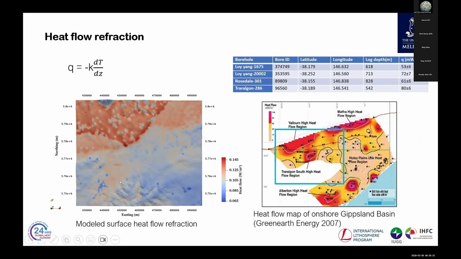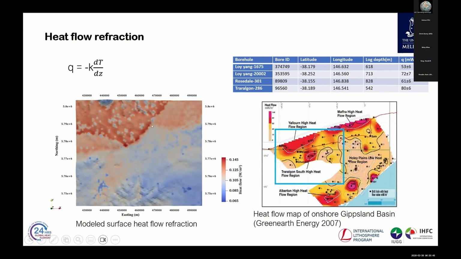Here we have a very wide range of heat flow, from 62 to 100, approximately 150 milliwatt per meter square, which is higher than average continental heat flow.